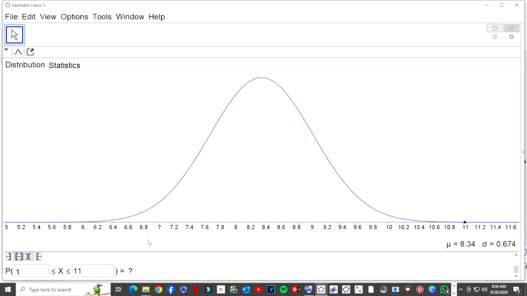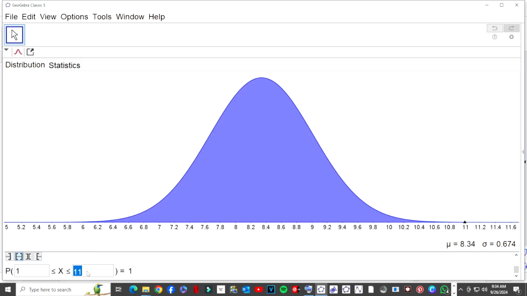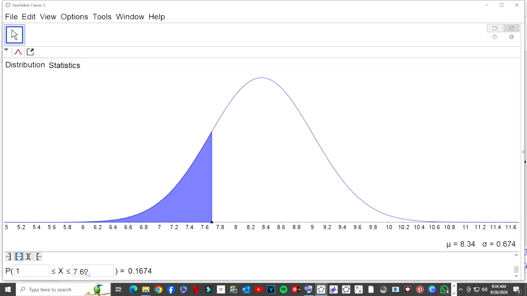Then here we give it 7.7, but let's give it 7.69 because it's shorter than. Now, the corresponding probability that we get is 0.1674.